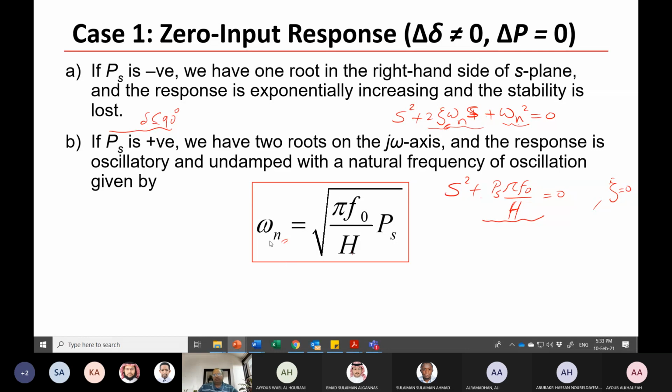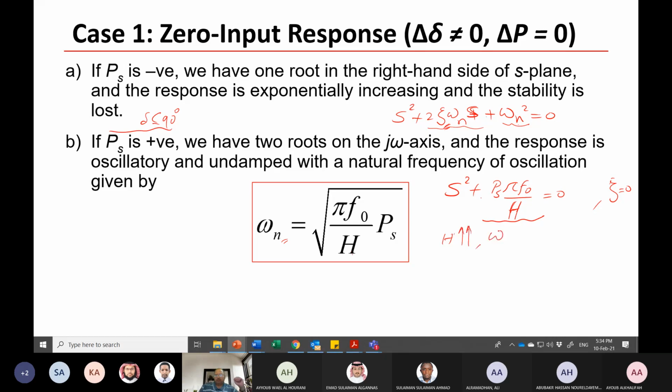As you can see, the natural frequency of oscillation depends on the operating point, where is the delta, and also the inertia of the machine. If the machine is very heavy, very heavy means H is very high.